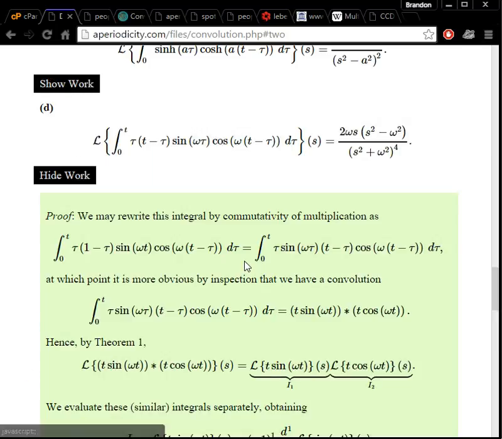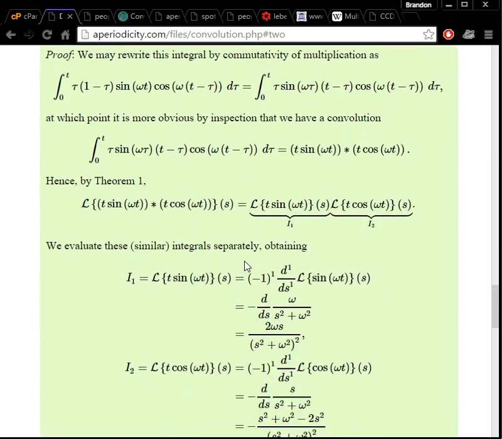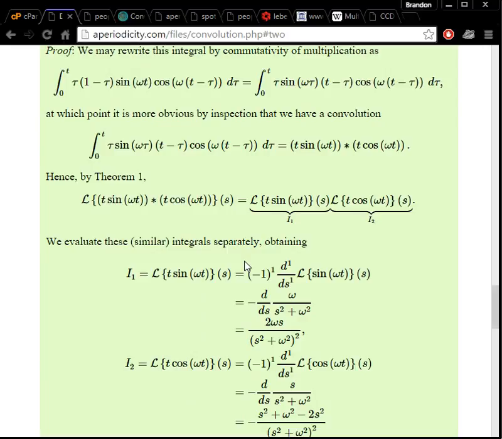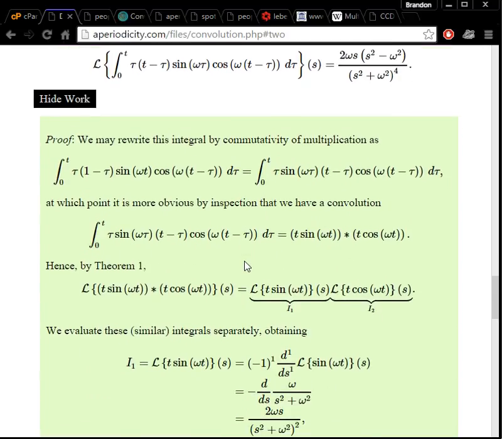In the fourth example, we rearranged the integrand a little bit. So at first sight, it's not exactly recognizable. It looks a little scary, but after we move this t minus tau over, actually this should be a t minus tau, I'll fix that.